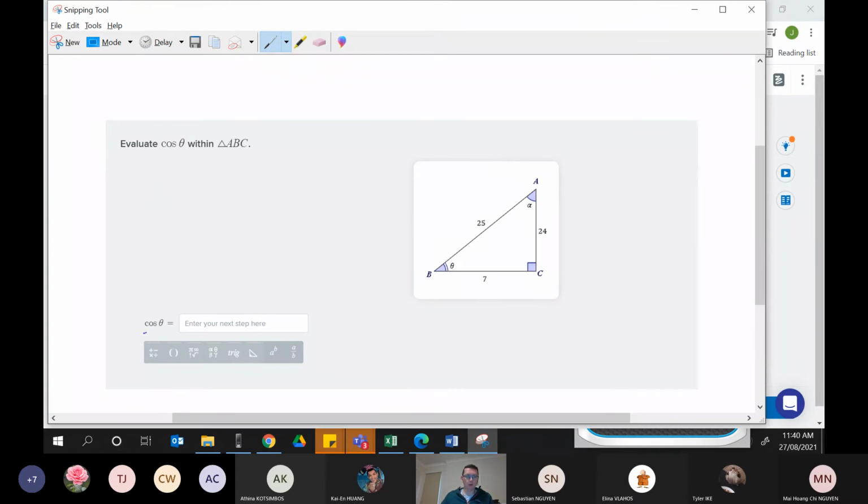So when it says cos theta equals, well, what do you know about cos? Cos theta equals, in a right angle triangle, CAH. So you've got SOH, CAH, TOA. So cos theta equals adjacent over hypotenuse.